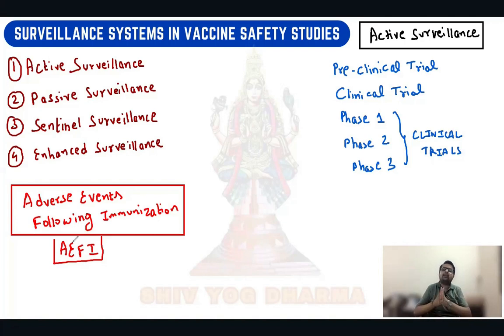So preclinical trial means whatever vaccine we created, first we test it in animals and see whether it is having AEFI. If the vaccine is having lots of side effects in AEFI, it means that it is concerning. We have to relook at what we invented, do the corrections, and then accordingly move forward. So preclinical trial can be very helpful, because if you made any blunder in making a vaccine, it might happen, we can save lives.